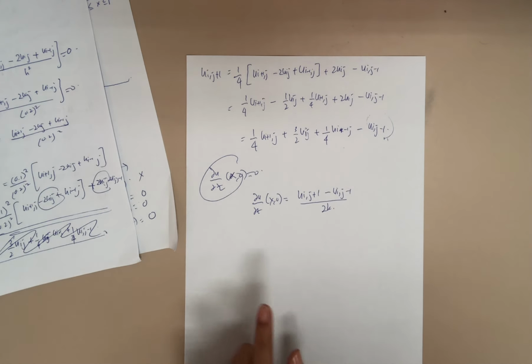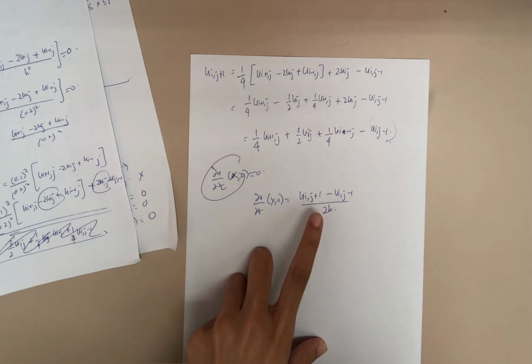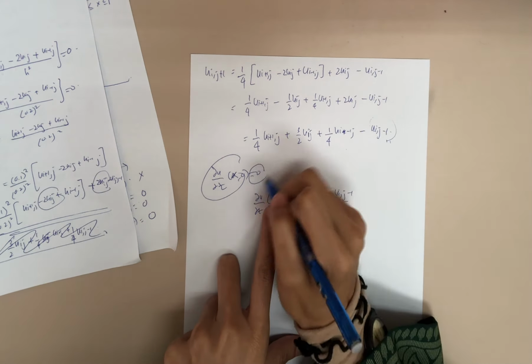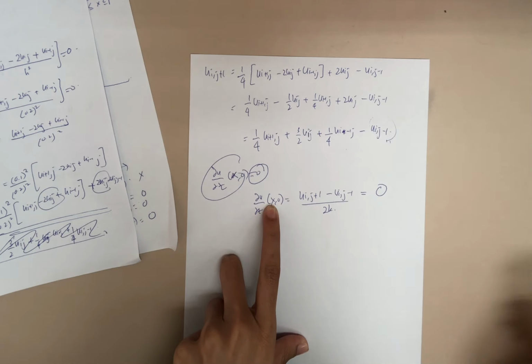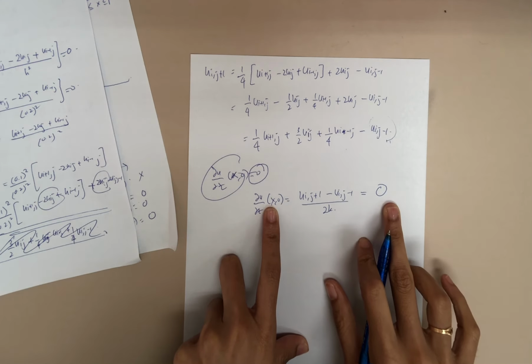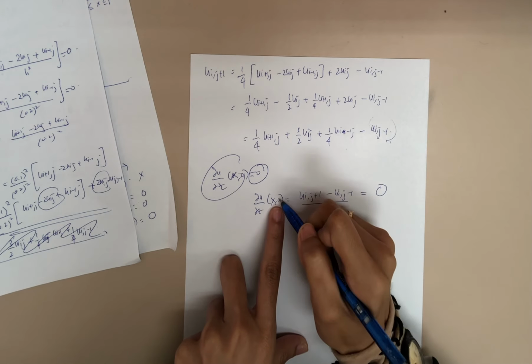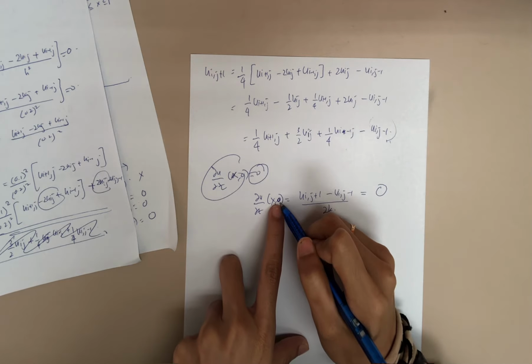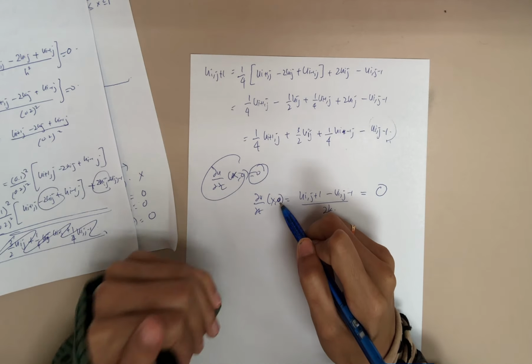And this equation is equal to 0, so you equate to 0. You can see here, this is 0. When t is 0, it means that j is 0.